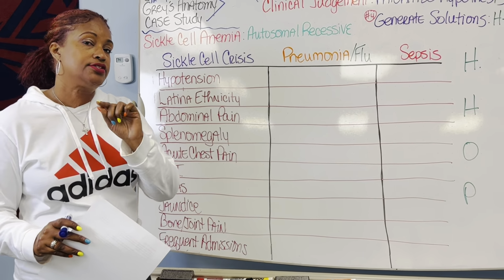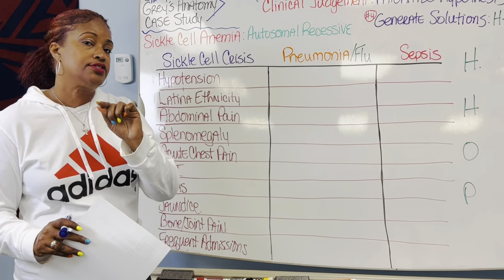Is it pertinent to the pneumonia/flu? No. Is her ethnicity pertinent to sepsis? No. So this is why I'm telling you that when you try to prioritize hypothesis, you must reflect back in this unfolding case study to the original presentation of the patient. So you have to look at the history, you have to look at the age, you have to look at the ethnicity if there is one, you have to look at everything.